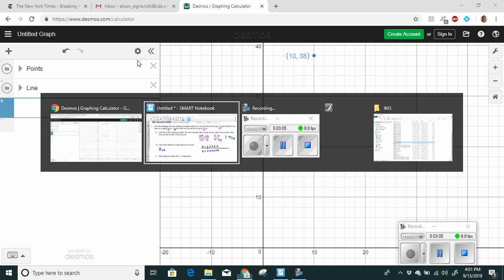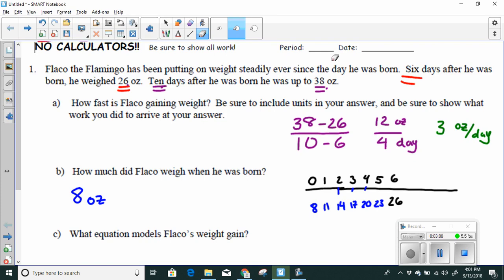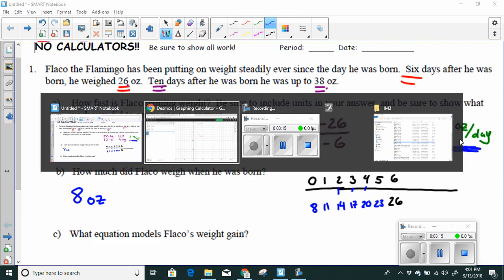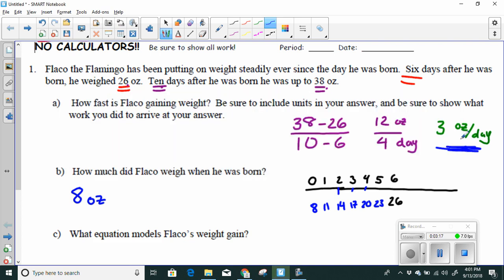When we found this rate of 3 ounces per day, we were finding the slope between these 2 points. If you even remember your slope equation, that's y2 minus y1 over x2 minus x1. This is exactly what we did intuitively, just because we understood the situation. So we know the slope between these 2 points is 3.